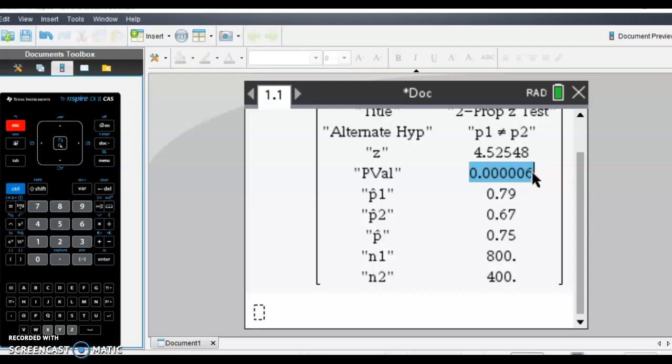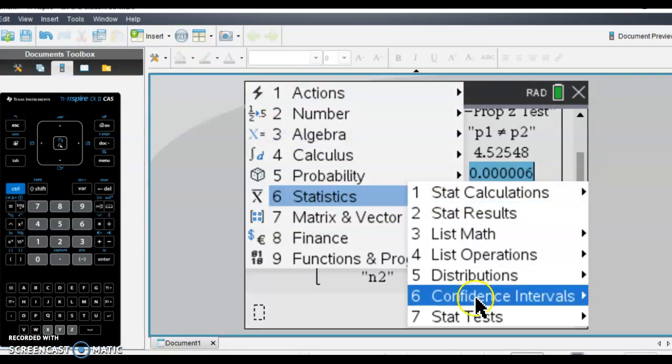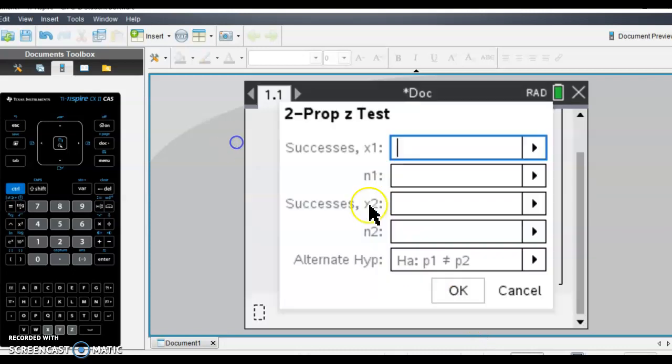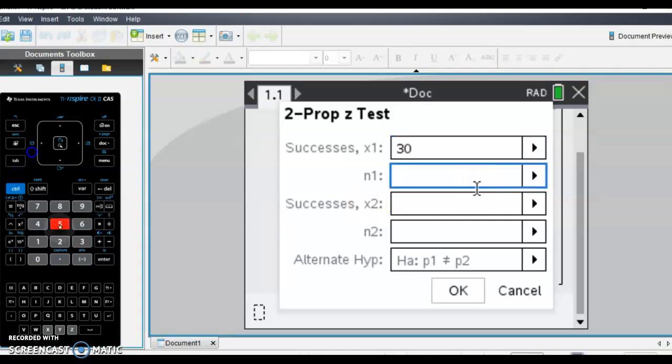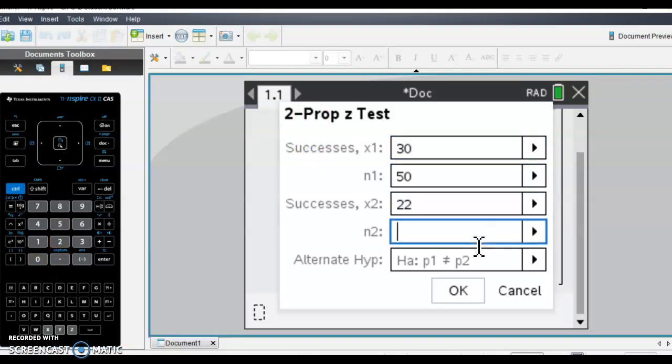All right, so we go over to the Inspire. I'm going to hit menu, go to statistics, go down to stat tests. This is a 2 proportion z-test. The number of successes in my first sample, if you remember, I got 30 successes out of 50. My second sample is instructor B. I got 22 that passed out of 50.